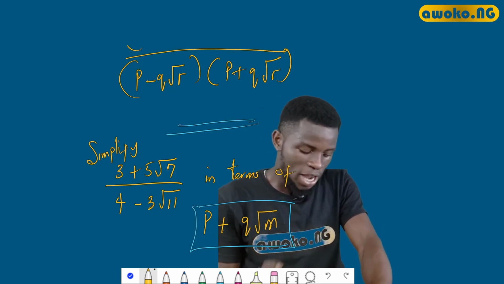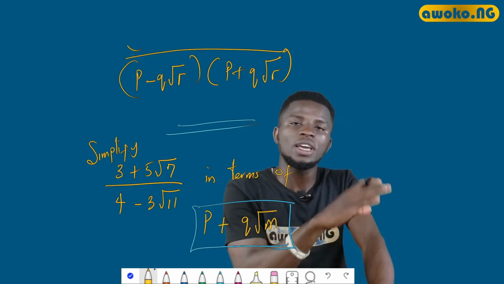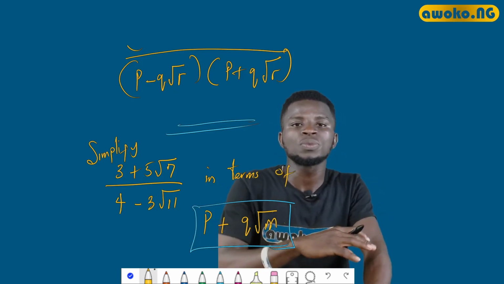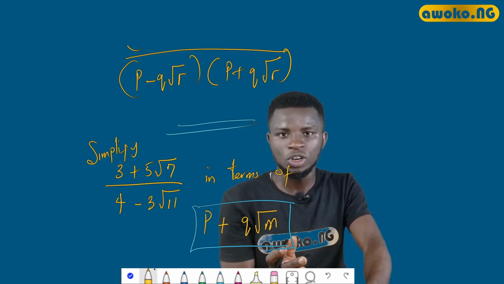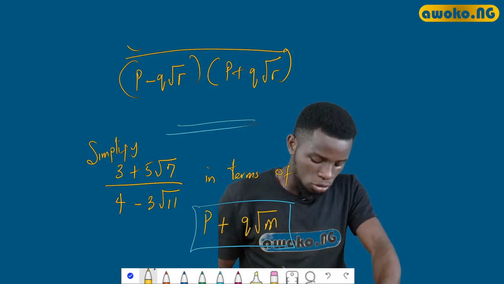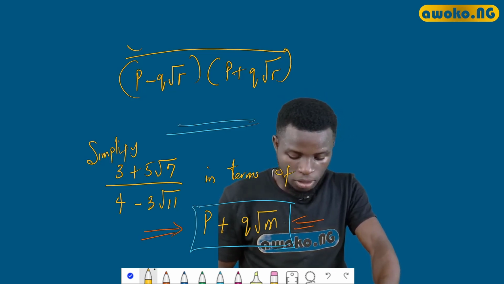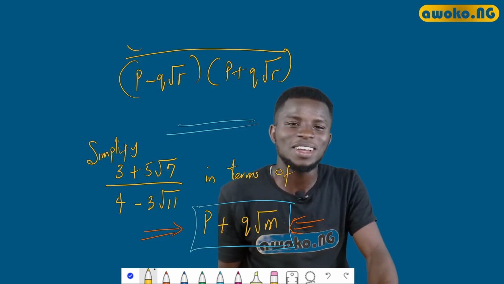But I just need to illustrate the fact that they might give you a Surds problem and ask you to put it in terms of a particular form. So all you have to do is make sure your answer corresponds to the form you are asked to leave it in. Alright? So that is that about that.